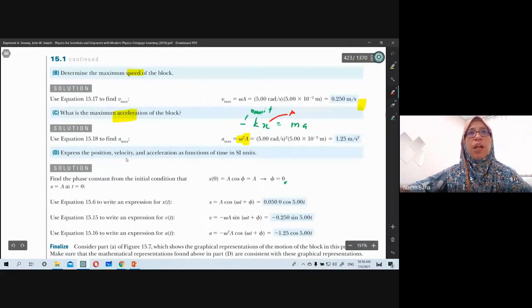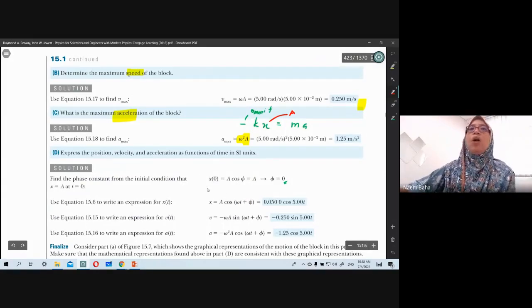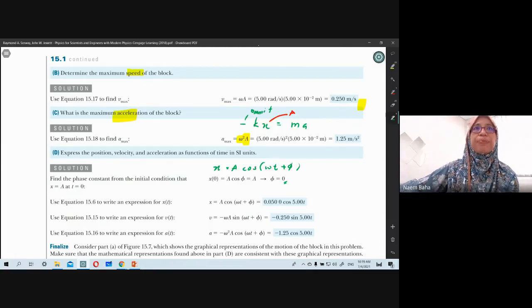The last one, D. Express the position, velocity and acceleration as a function of time. Okay, this is getting back to the idea of the derivative. So x is equivalent to A cos. The original expression supposedly would be written as x equals A cos(omega t plus phi). All right, let's do a little bit of mathematics.